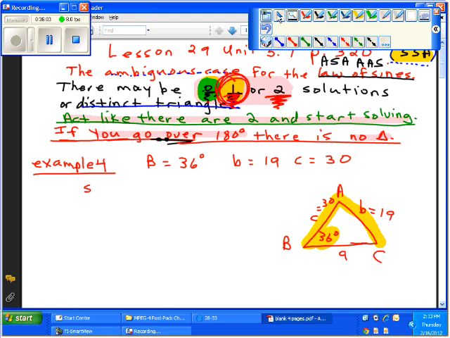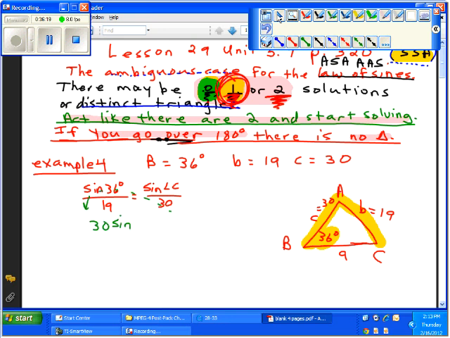We're going to say, well, sine of angle B, 36 degrees, over little b, 19, is equal to sine of angle C over little c, which is 30. We cross multiply.